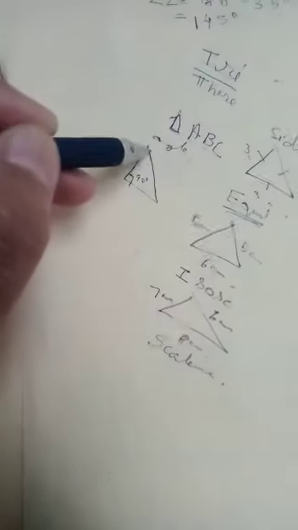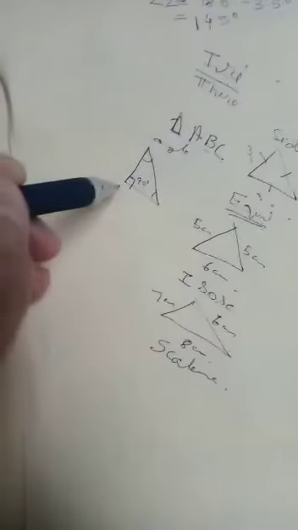Based on measurement of angle. We know that if we add all three, it should be 180 degrees. If more, it is not a triangle. If less, it is not a triangle. We should get exactly 180 degrees. So if one angle is 90 degrees, the other ones are less than 90.